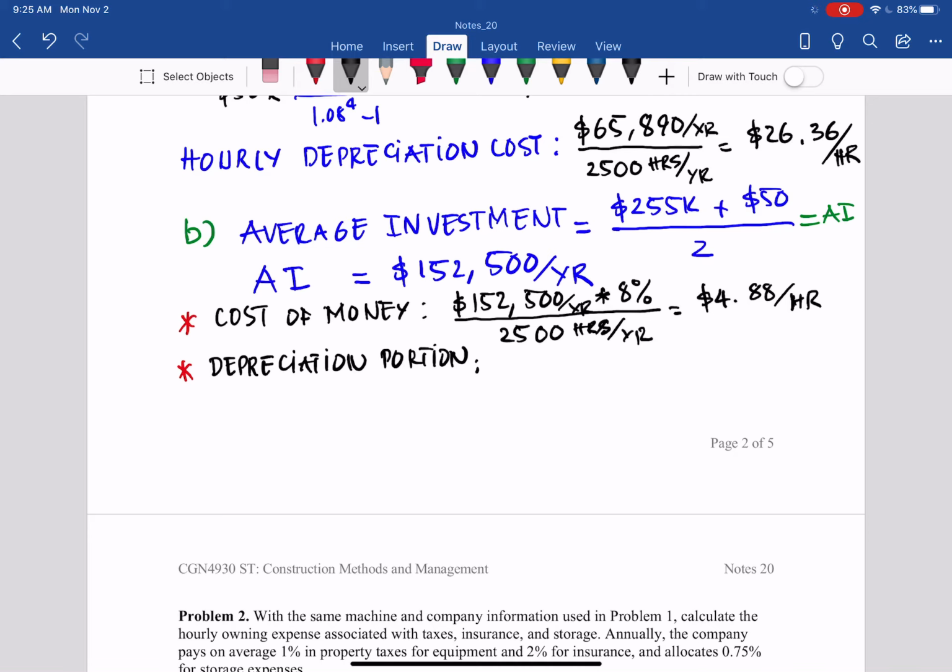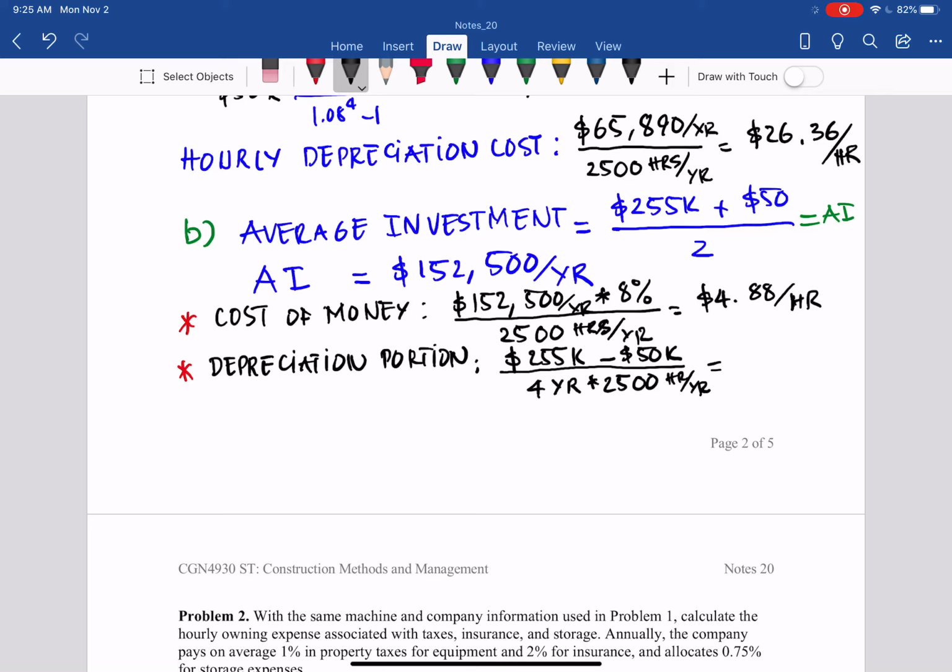Then we have the straight line: 255,000 initial cost minus 50,000 salvage value, divided by the number of years, that is 4 years, and of course 1 year is 2,500 hours per year.